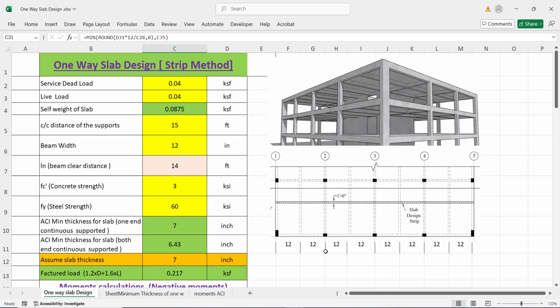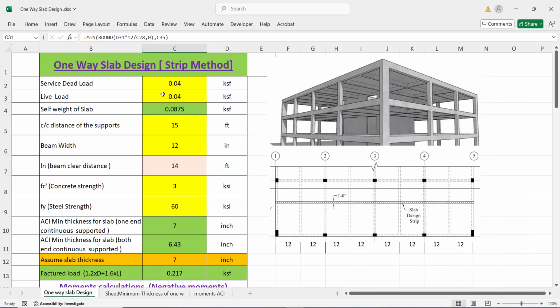Actually the grid is 24 feet, but in the middle we have provided secondary beams. That is, we have made it a one-way slab instead of a two-way slab to minimize the demand on the slab and to reduce the deflection.